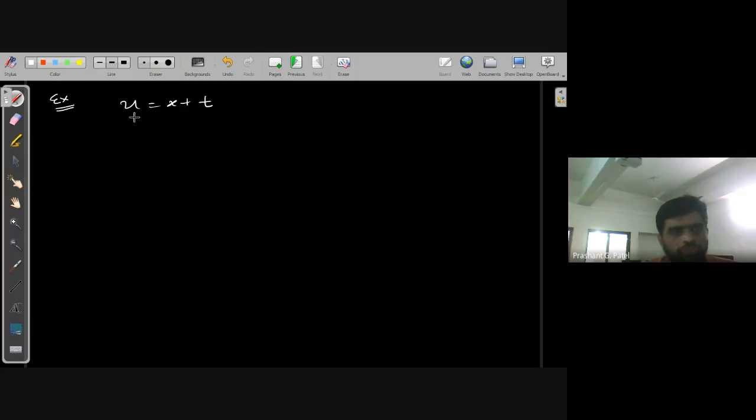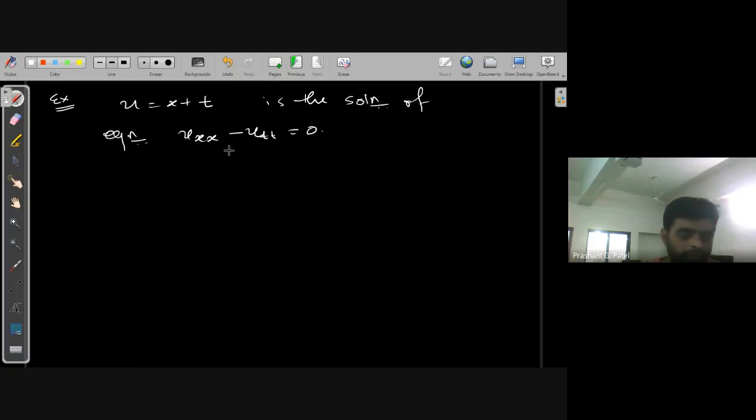This function u equal to x plus t is a solution of the equation uxx minus utt equal to 0, and this is a second order P.D.E. Because you just check that for this u, ux is 1 and uxx is 0, ut is 1 and utt is 0. So that's why it satisfies this equation.